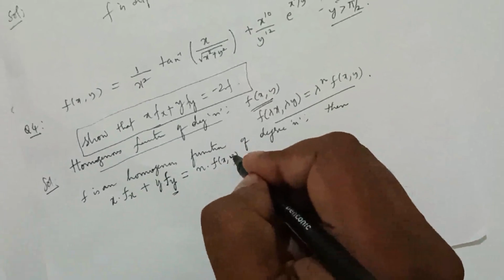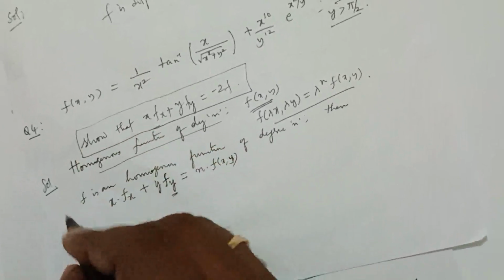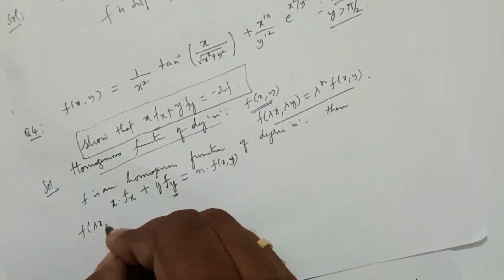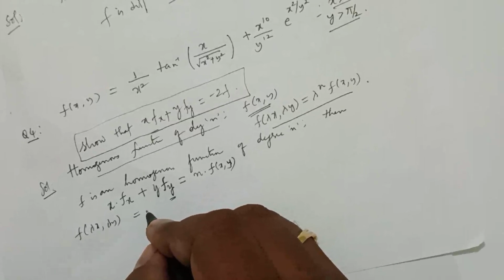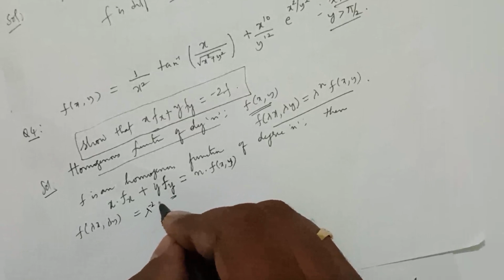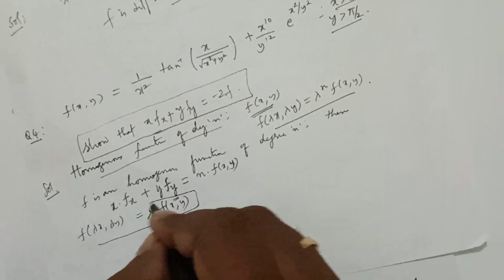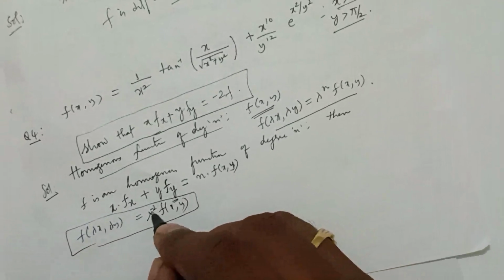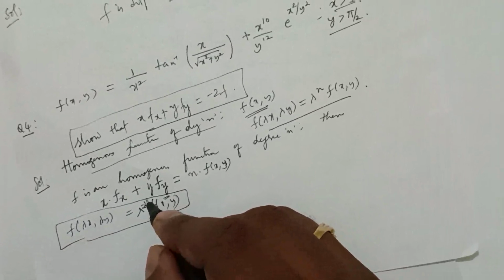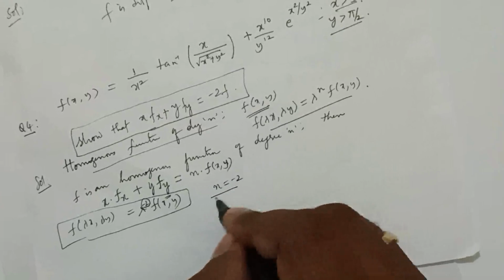Now here, if you plug in lambda x and lambda y, you will get lambda to the power minus 2 into f of x comma y. Check this. In the sense, the function is a homogeneous function of degree minus 2. n equals minus 2 here.